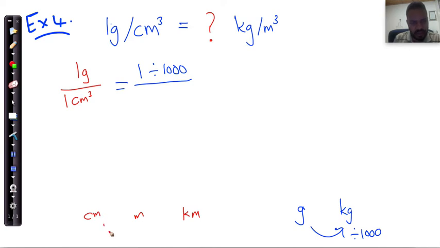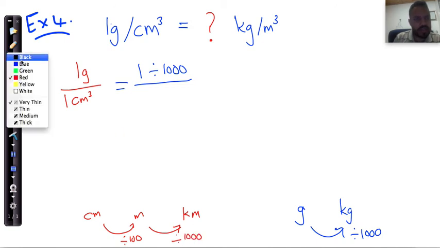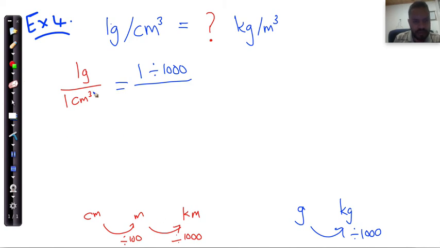And when we went from one unit to the next, we said that's going to be divided by 100. And then from there to there, it was divided by 1,000. The important thing to note is previously we said, if I'm talking about cubic centimeters, then that's to the power of 3, and this here will also be to the power of 3.